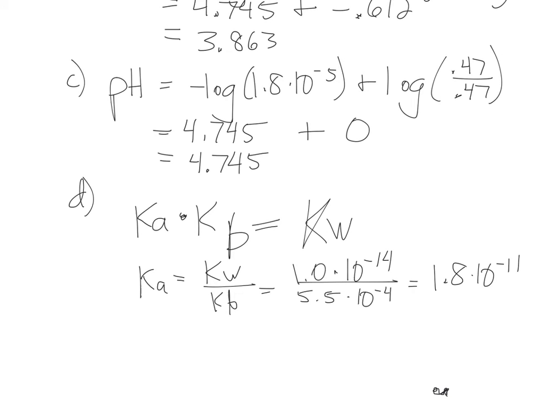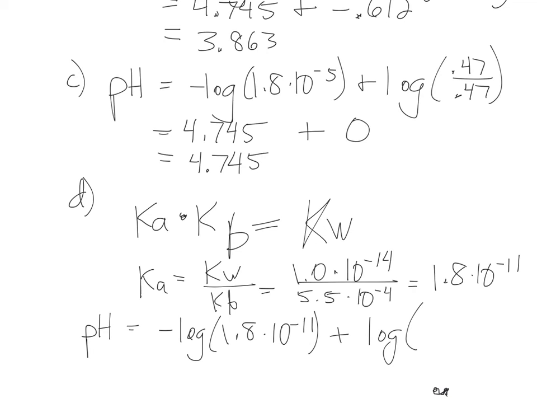Now we have a Ka value, and we can use the Henderson-Hasselbalch equation as we had in parts A through C. So negative log of the Ka value is pKa, and this time we'll take the log of, just like before, base over acid concentrations, but this time the base concentration was the first number listed, and the acid concentration is the second number listed, because it's a base dissociation.